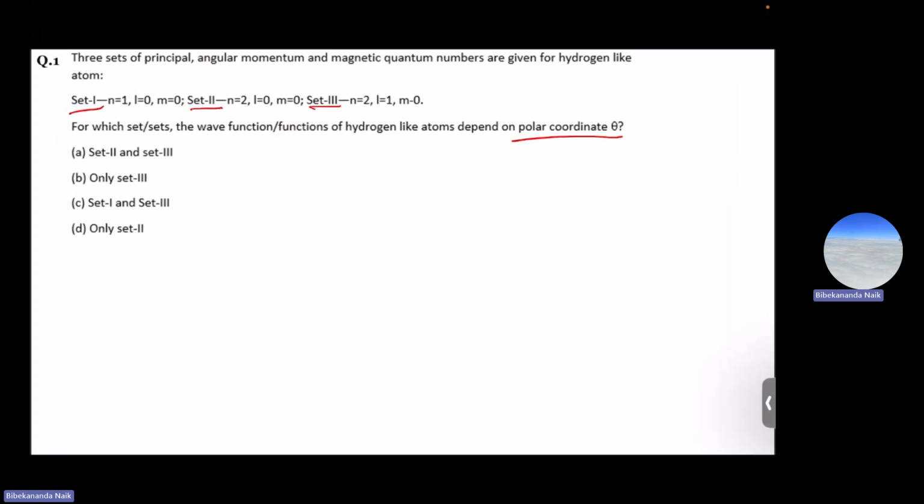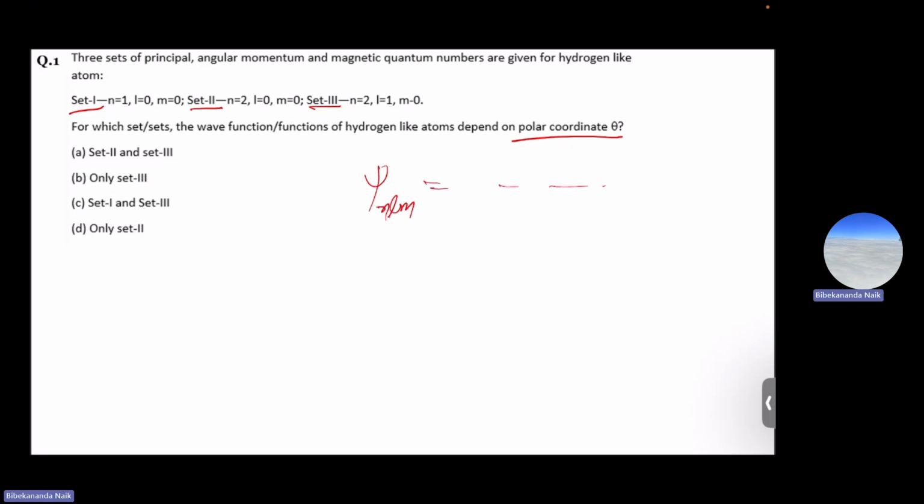So we already discussed that in order to solve the coordinate system equation, you need to do the variable separation. After separation of variables, if we solve, we will get the wave function as n, l, and m, in different forms.